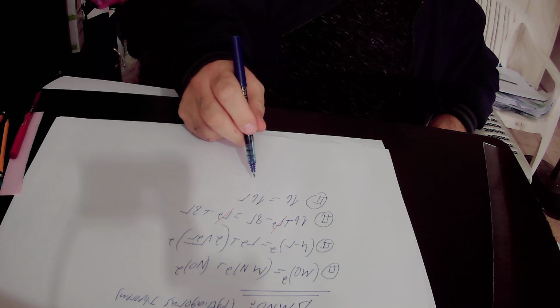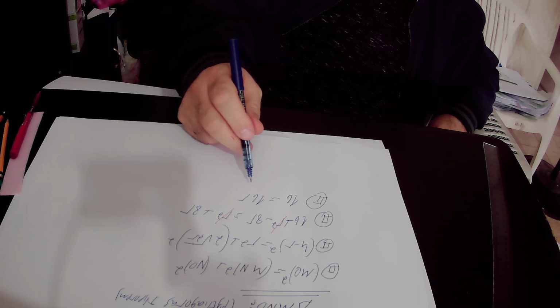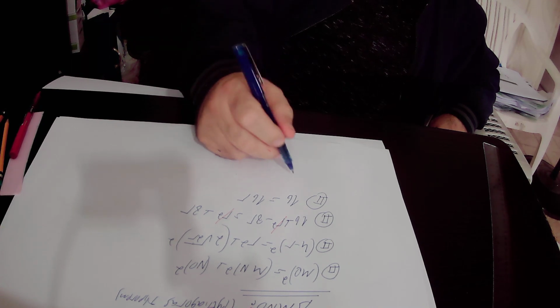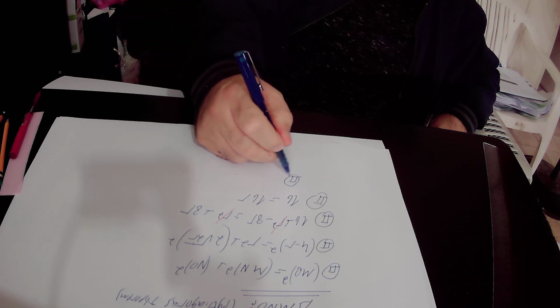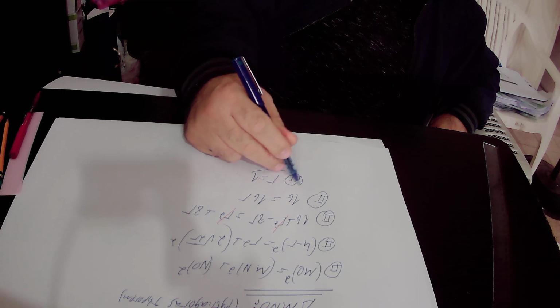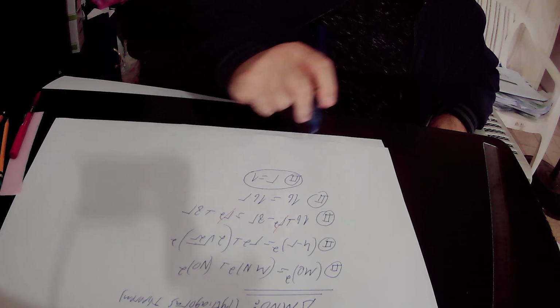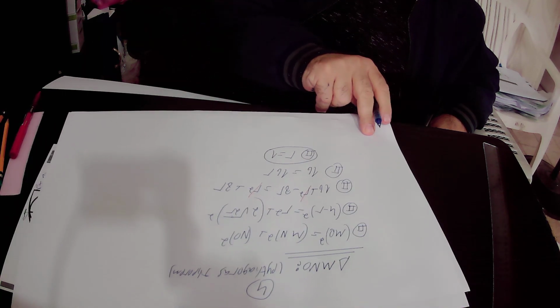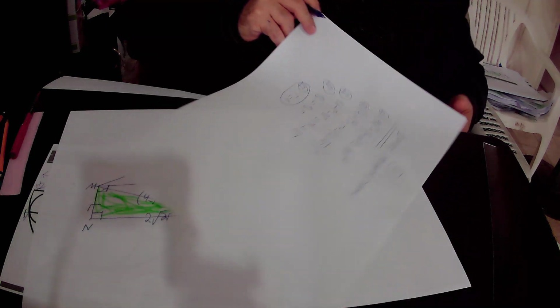So here we will divide this equation by 16, and we will get that the radius of the small circle R equals 1 unit. So we found out that the radius of the small circle R equals 1 unit.